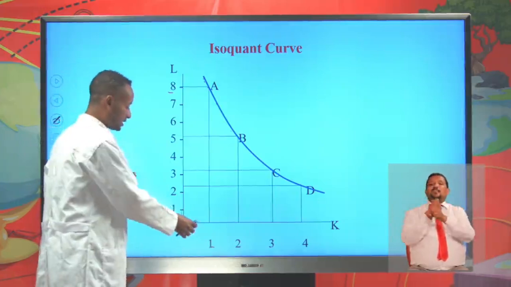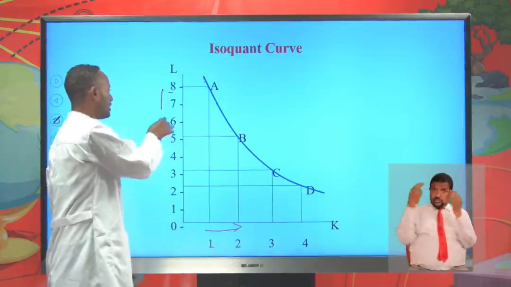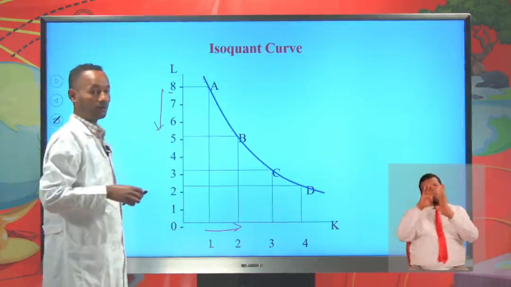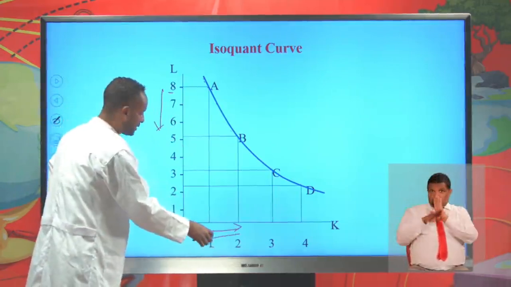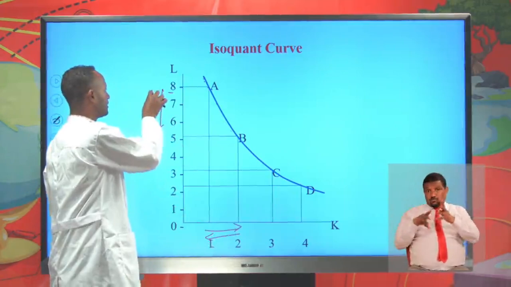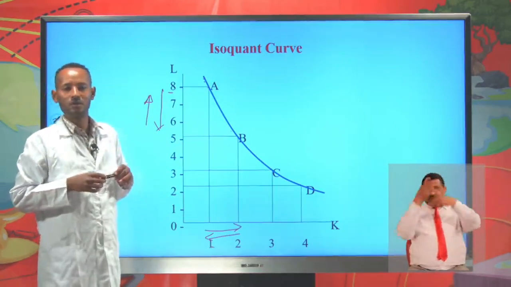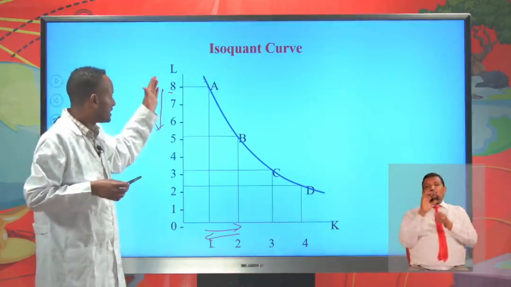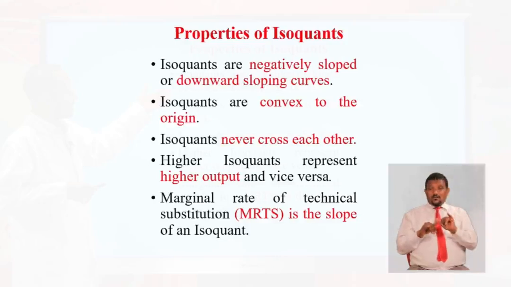As we increase employment of the variable input capital, we are reducing employment of the variable input labor. As we reduce capital, we are increasing labor. Due to this inverse relationship between the two variables on the x and y axes, the slope of such a curve is negative.